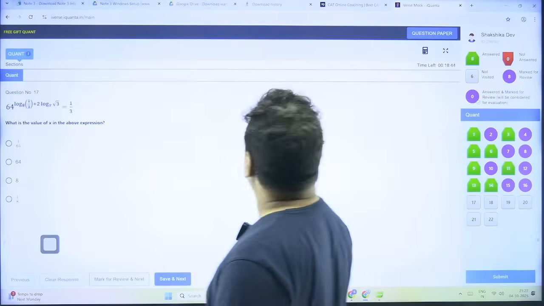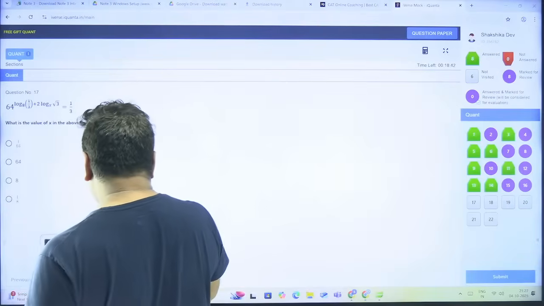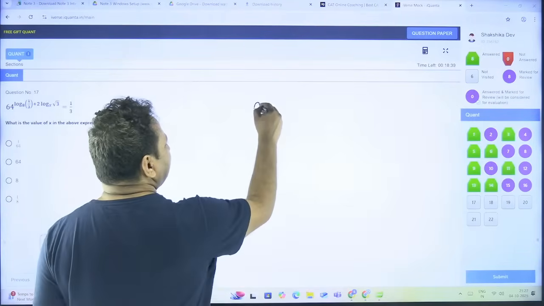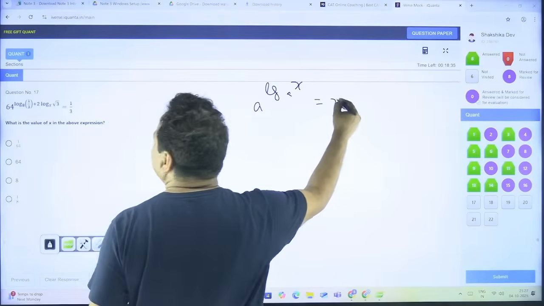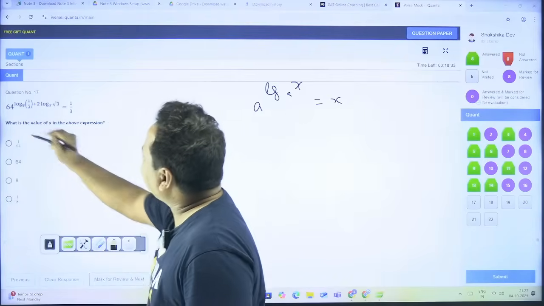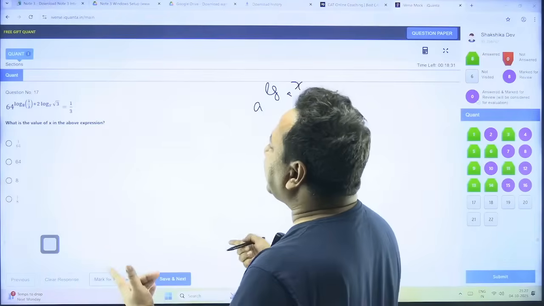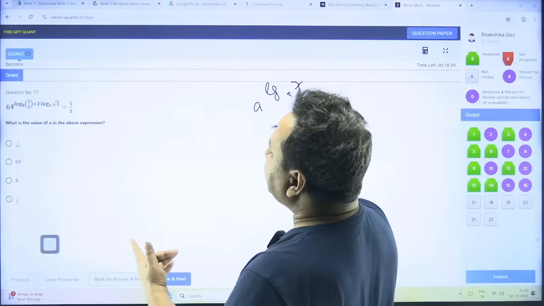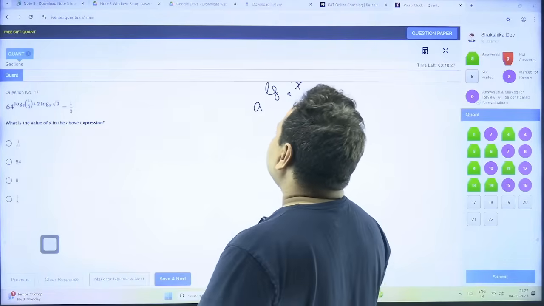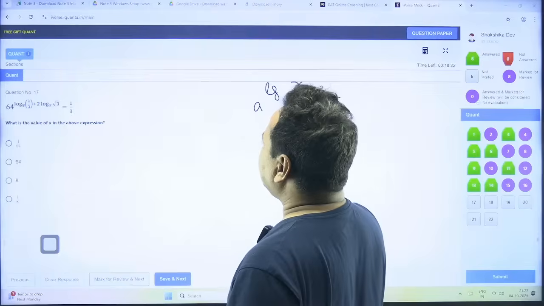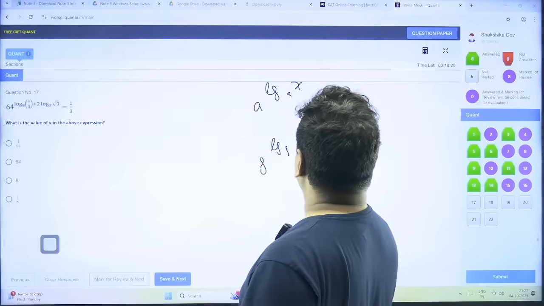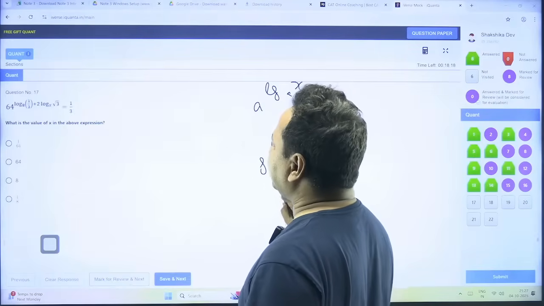We know one thing: a to the power log x base a is equal to x. Here I have 64, here I have 8, so it can be the same base, 8 square. The 2 goes there, 1 by 3, so I'll get 8 to the power log base 8 of 1 by 3 square, and this is 1 by 9.